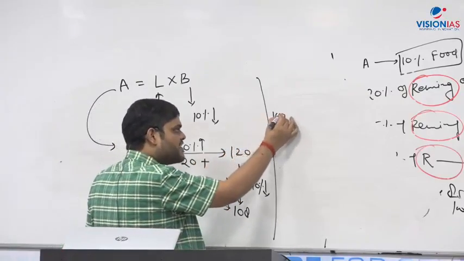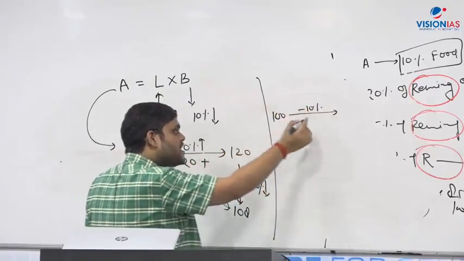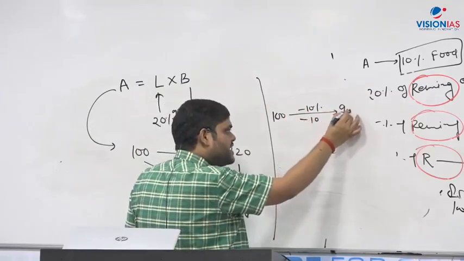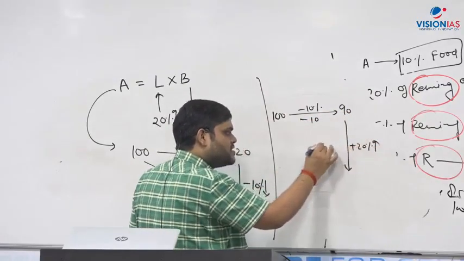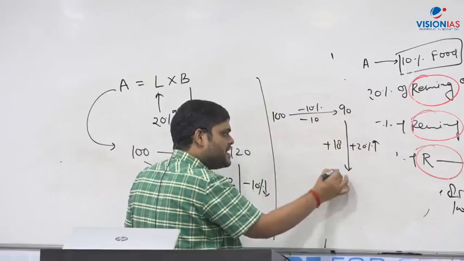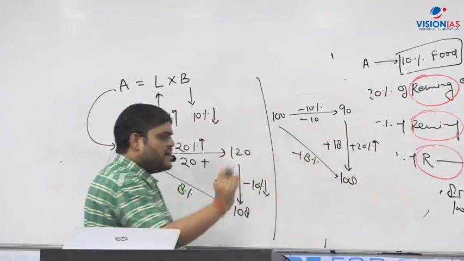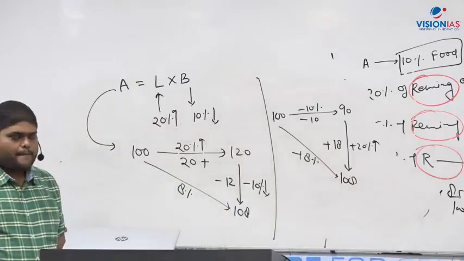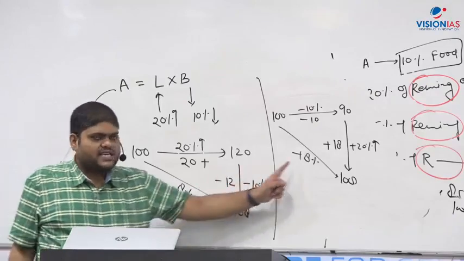So it was 100, 10% decrement on breadth becomes 90. Now 20% increment on length, 18 becomes 108. So total increment is 8%. So both answers are the same.